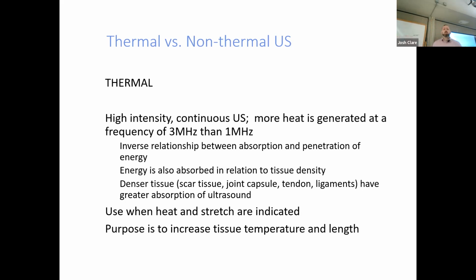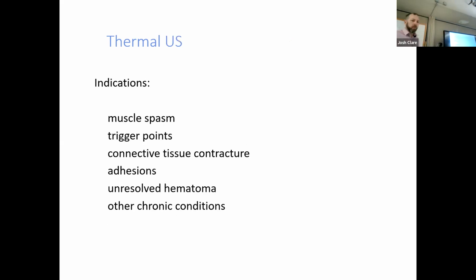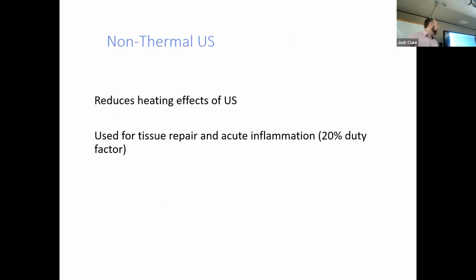No. Nope. So more chronic injuries, and anytime we'd want to increase the pliability of tissue and the increased tissue temperature. So some things, muscle spasms, trigger points, connective tissue contracture, adhesions, unresolved hematomas, maybe, and other chronic conditions can be helpful with it.